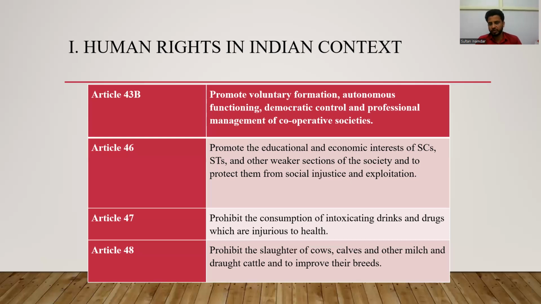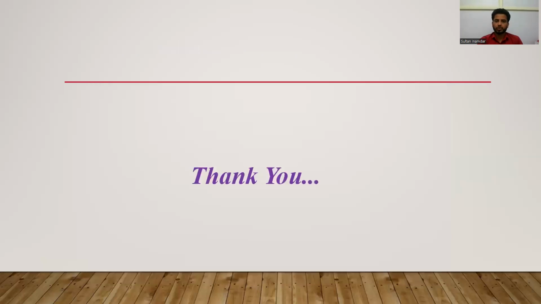It demands prohibition of the consumption of intoxicating drinks and drugs which are injurious to health. So it's all about maintaining public health. And Article 48 deals with prohibiting the slaughter of cows and calves and other milk and draught cattle. Along with that, breeding should be done well with those cattle. So that was the end of this lecture.